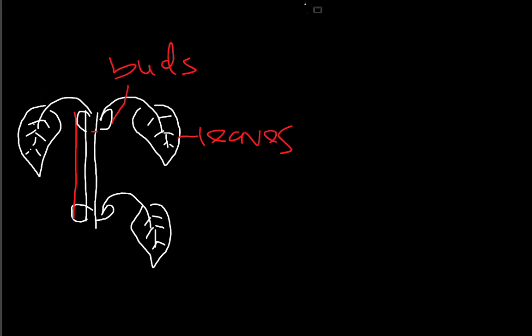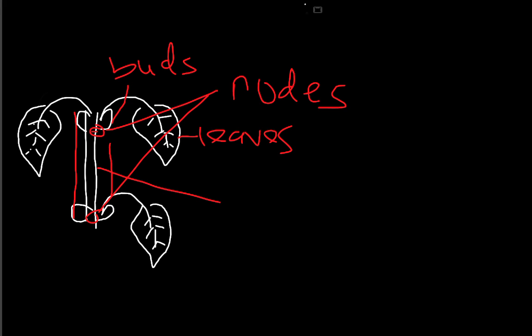Now this point here and here and here, where these leaves spring out, are known as the nodes. In between them, from this node to this node, is known as the internode.